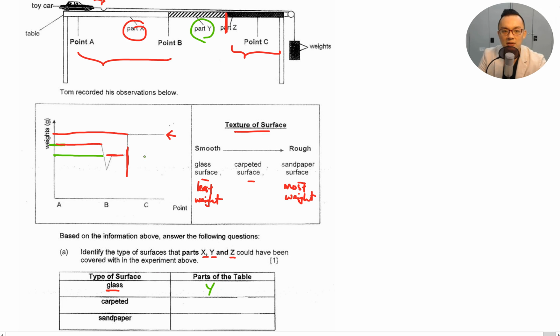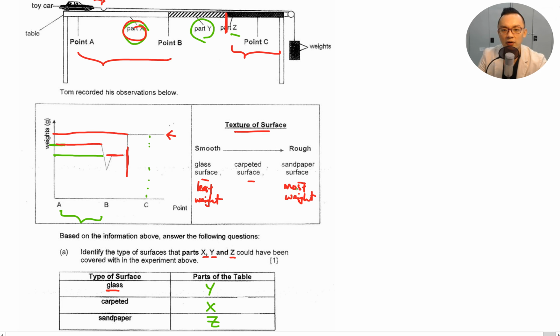So carpeted surface is on the part from A to B, which is part X. So it's Y, X, and therefore part Z over here is the sandpaper surface, because it needs the most weight.